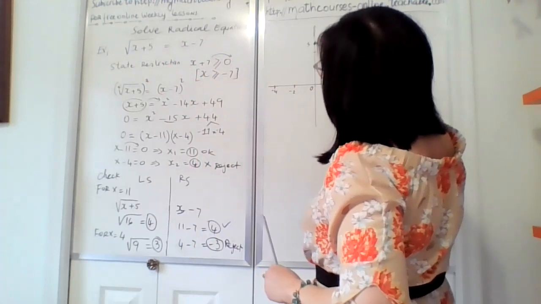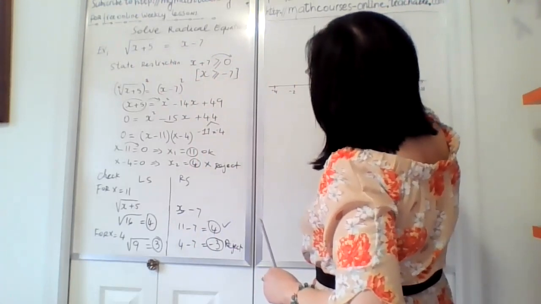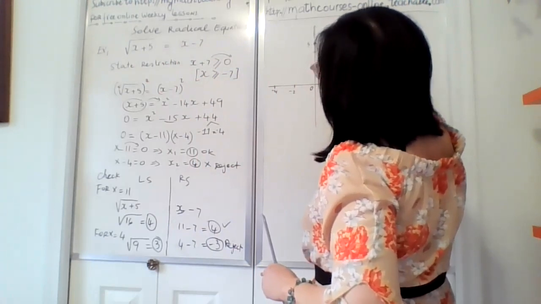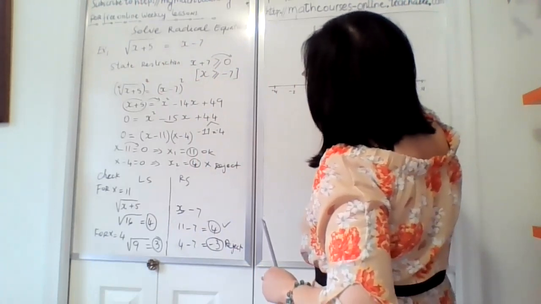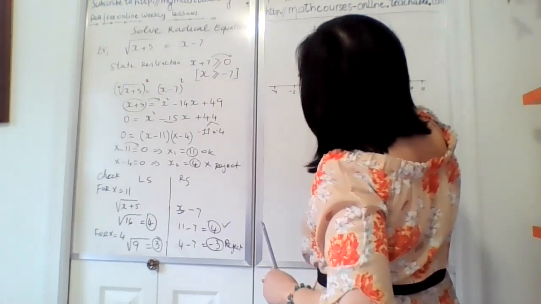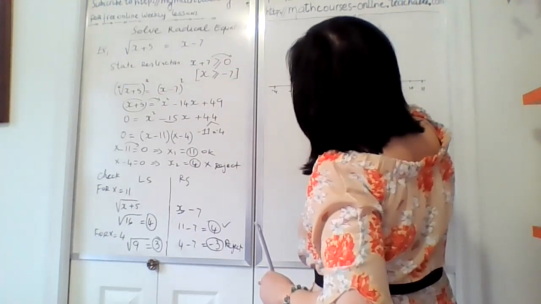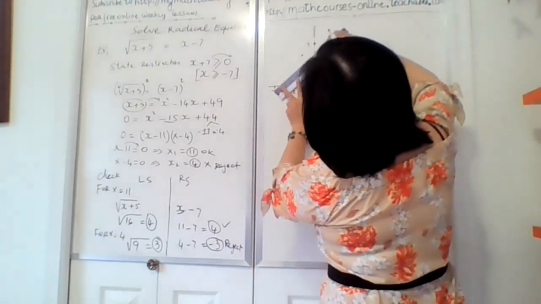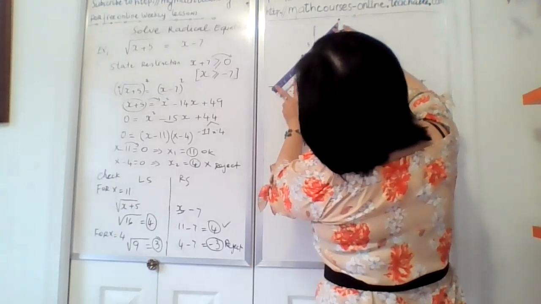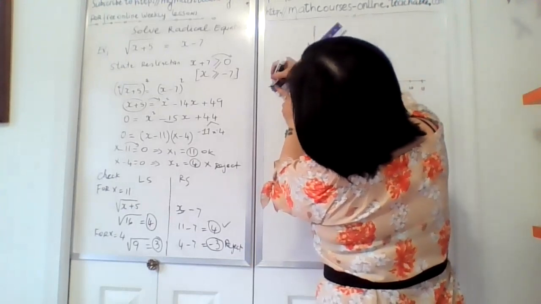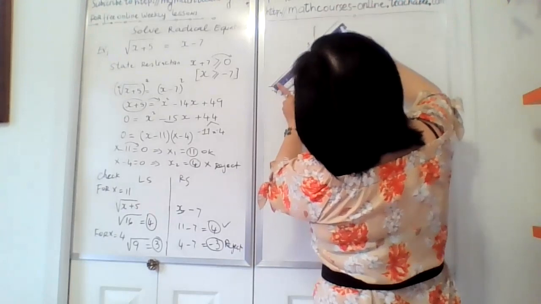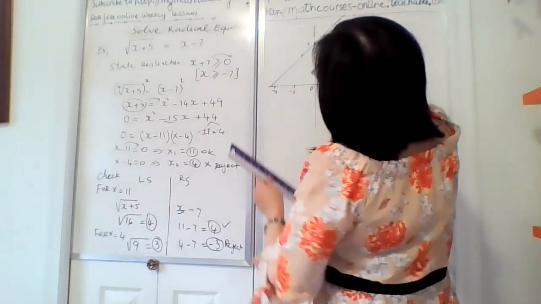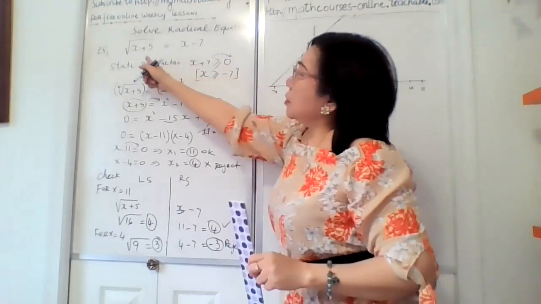Now our slope will be go up by 1 and go across by 1. And so that will go down by 1 and go across by 1. So our linear function will look something like this. So this is the linear.